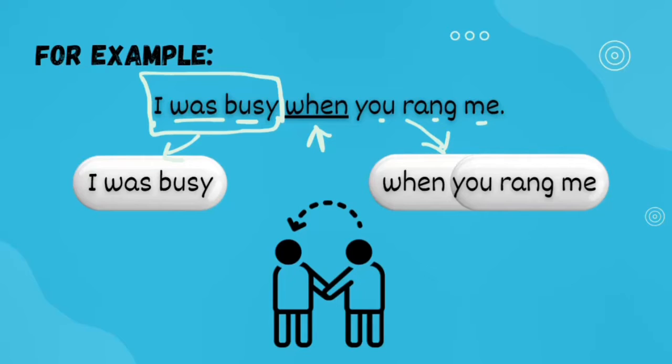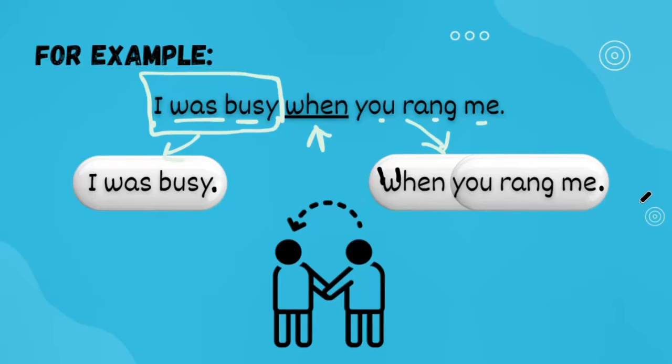If I simply add a full stop, a period, after I was busy, you can see that this is a complete sentence. I was busy, right? But can I make this part of the sentence a complete sentence? When you rang me, can I put a full stop and a capital letter here?